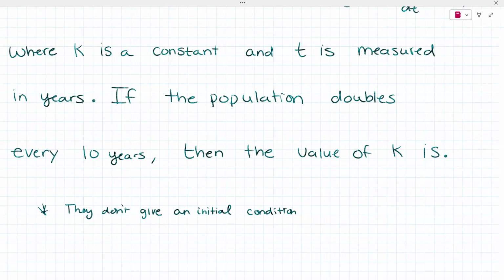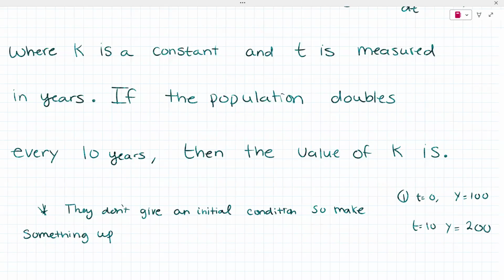Make something up, something easy. Maybe when t equals 0, the population could be 100. And if the population doubles every 10 years, then in 10 years the population would be 2 times 100, which is 200.